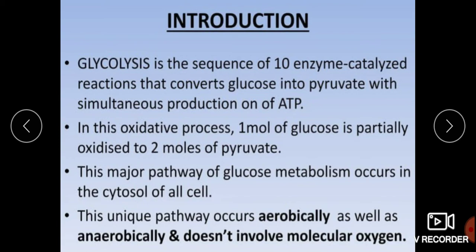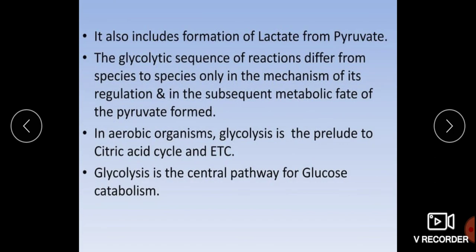Glycolysis occurs aerobically as well as anaerobically, and there is no involvement of molecular oxygen. Once pyruvate is produced from glucose, in some reactions the pyruvate gets converted into lactic acid.